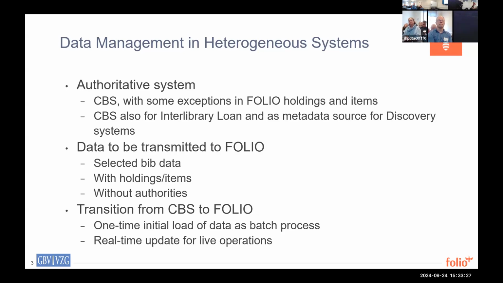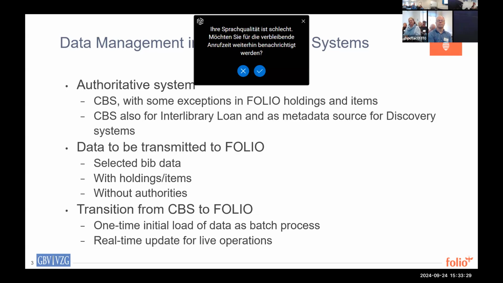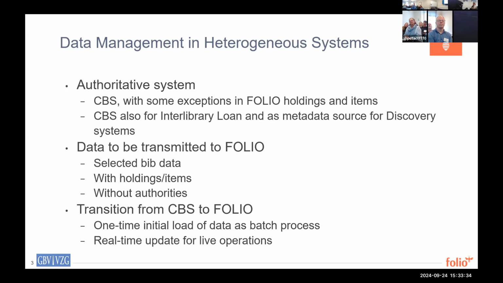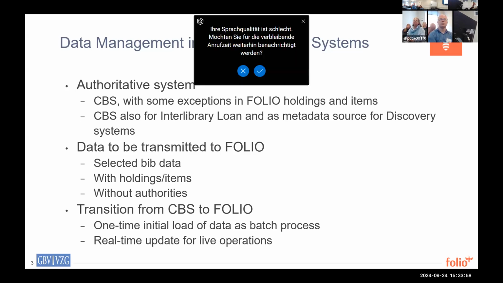For circulation and acquisition, we need the bibliographic data and the holdings data in FOLIO, so not all our data is needed in FOLIO. We transfer selected data with holdings and items and without authorities. Just to know this, and the transition of the data from CBS to FOLIO.